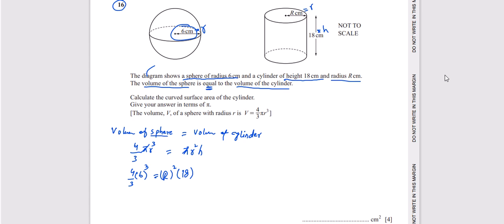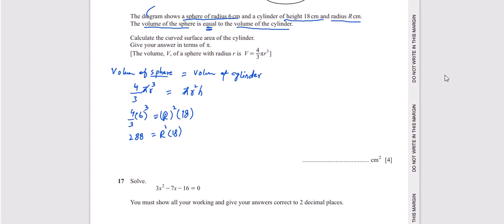We get 288 is equal to R square into 18. So divide 18 on both sides. 288 divided with 18 is equal to R square.